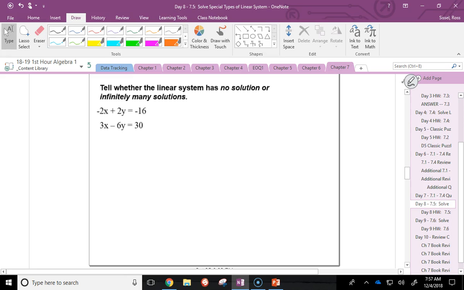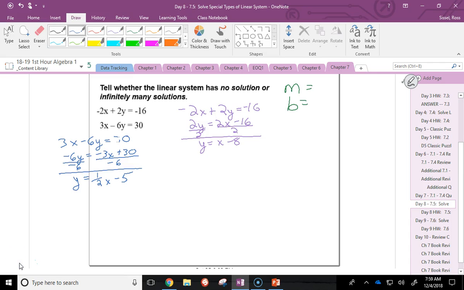So our first step is we want to go ahead and solve for y, or find the slope and the y-intercept of each line. So I'm going to pause the recording, quickly work through the two equations, check with your neighbor. If you want to do one line, have your neighbor do the second one, and you guys check each other's, I'm okay with that. So check them quick.